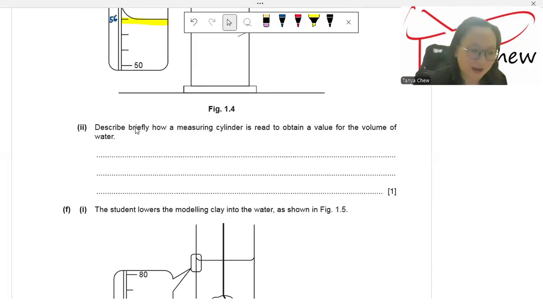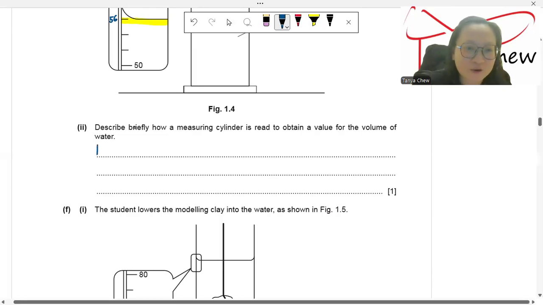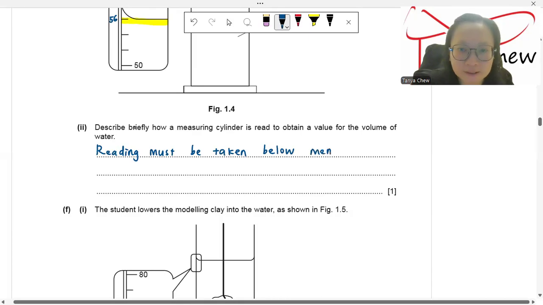So I say that reading must be taken below meniscus. I'll give you more than 1 mark because I have a lot of ideas. So you can put 1 point here, reading must be taken below meniscus.